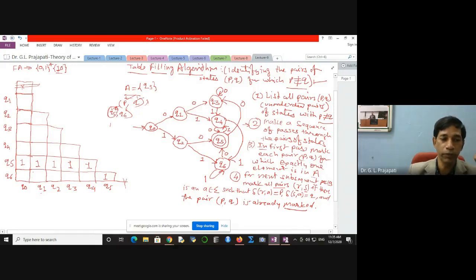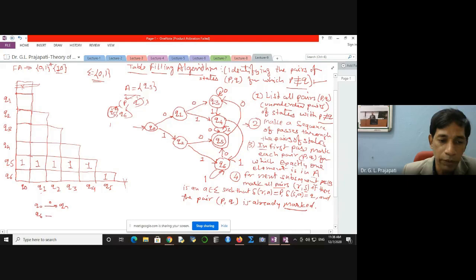See, like this. If you have Q0 and Q6, you may need to decide whether Q0 and Q6 can be marked. For this FA, we have only two input symbols, 0 and 1. So we can consider the inputs. If you are at Q0 and input 0, you are going to the state Q1.